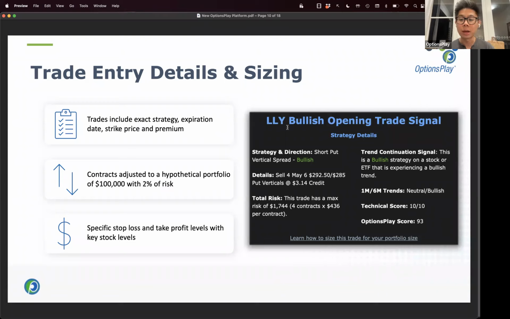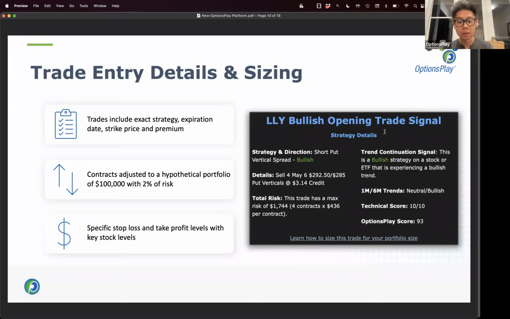So when you get a trade signal, you're going to see not just what to trade, but how many contracts you would trade if you had a $100,000 portfolio while risking 2% of your total portfolio value. And I'm going to show you a tool that we've built into OptionsPlay that will also calculate for you, based on your portfolio size, how many contracts to trade.